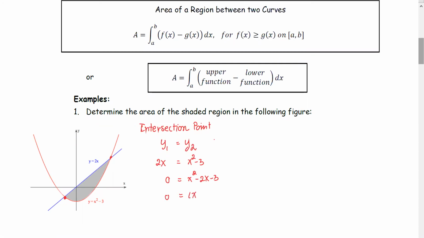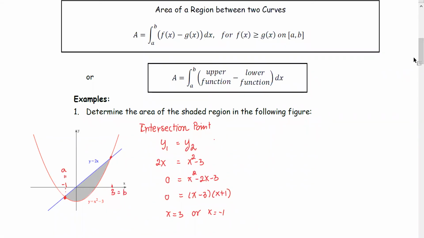Factor completely, we have x minus 3 times x plus 1. We get x equals 3 or x equals negative 1 as the intersection points. Negative 1 over here, 3 over here. This will be your lower limit and upper limit of the integration.